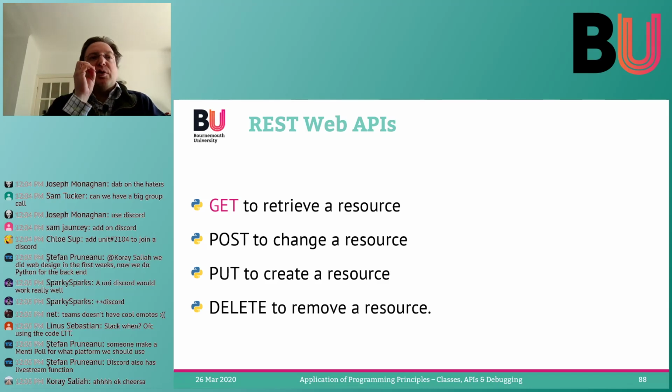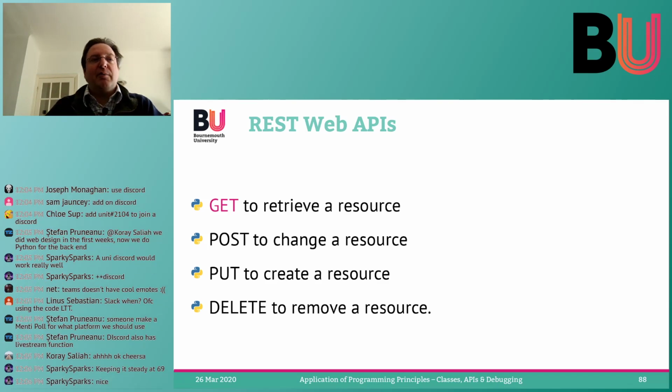Anyway, so REST APIs, I think it's already been covered that you want to get resources, or if you just want to read the state. Post is when you want to update it. You send some data, some parameters to a resource, and that resource then can update itself. Put can be used to create a resource, and delete to remove it.